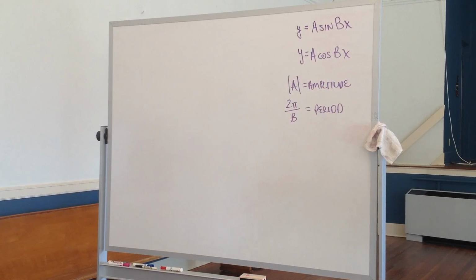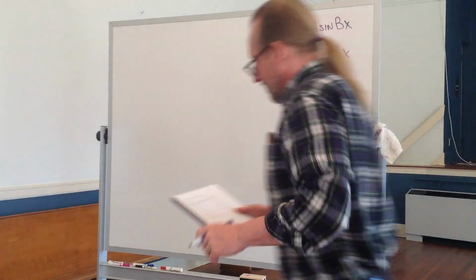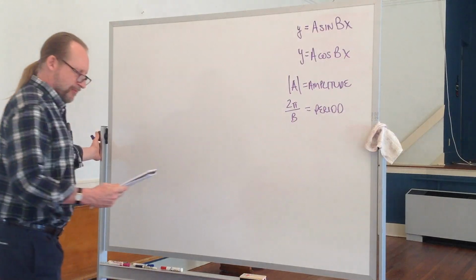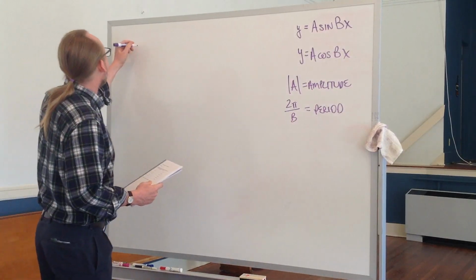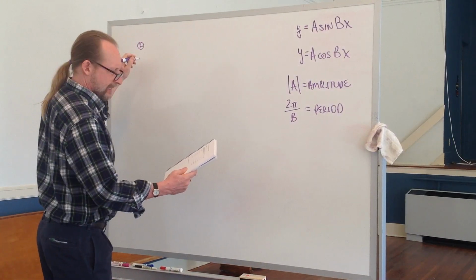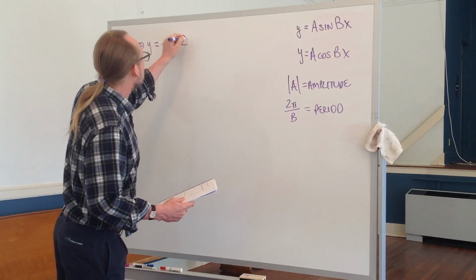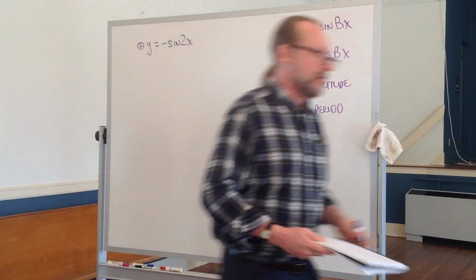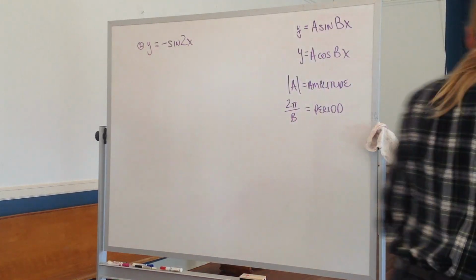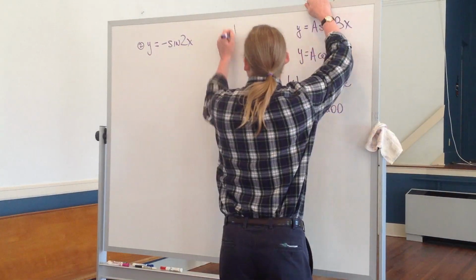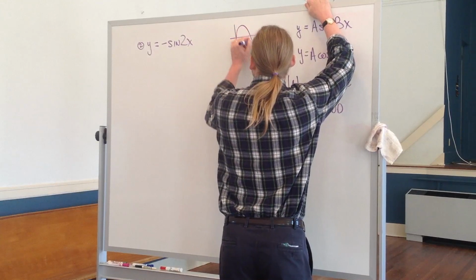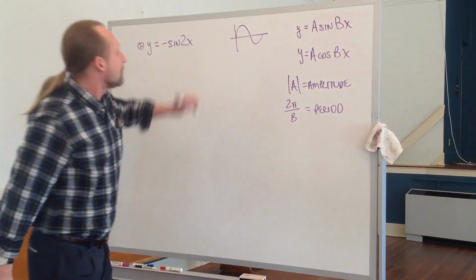So, well, here's the very first example we've got here. Problem 2 has a negative amplitude. Y equals negative sine of 2x. Okay. So, remember the standard sine function looks like that. Okay?